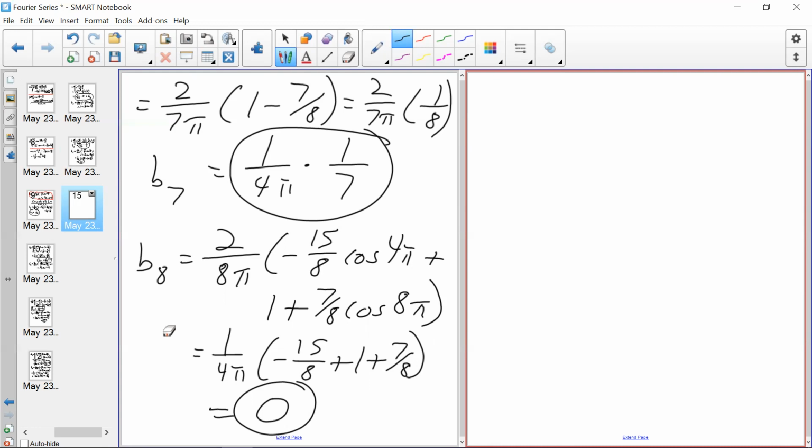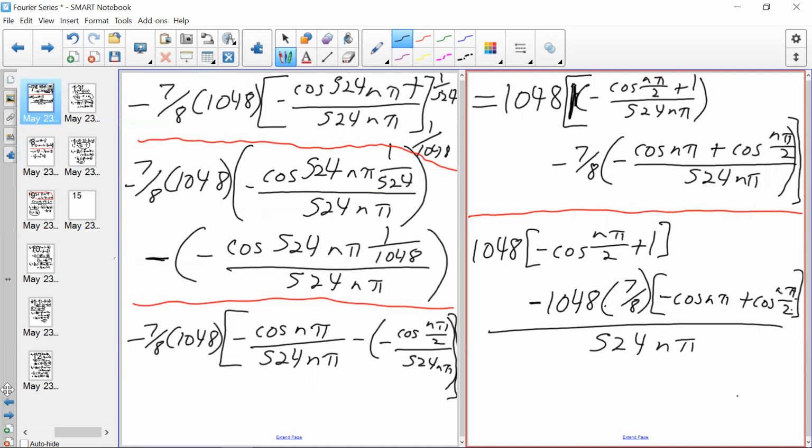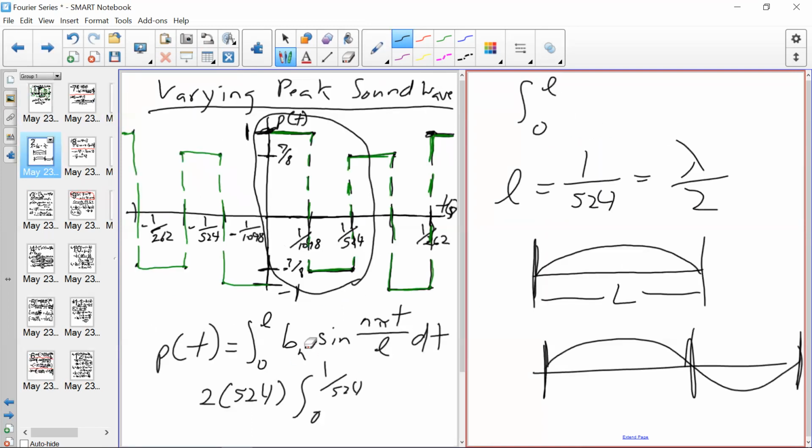Okay, so anyway, we are now down to the last bit of putting it all together in that original function. Let me start over here. Original function of this pressure as a function of time and the integration from 0 to L. We got all our b sub n's, sine n pi t over L dt.